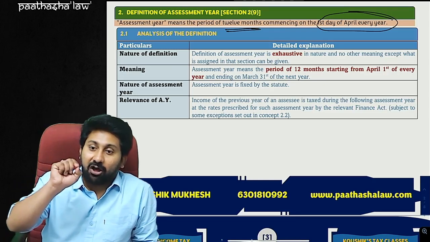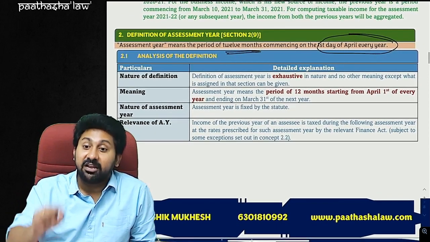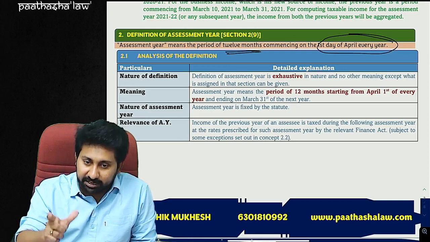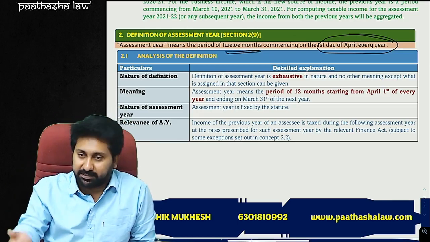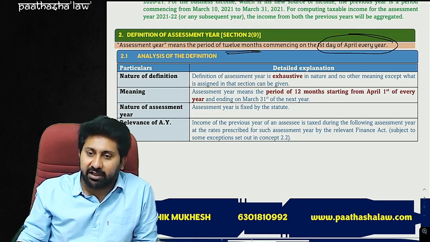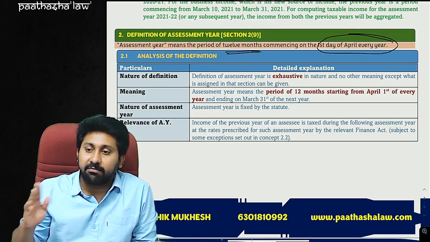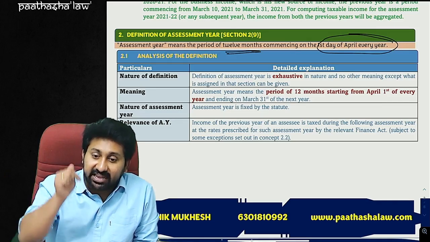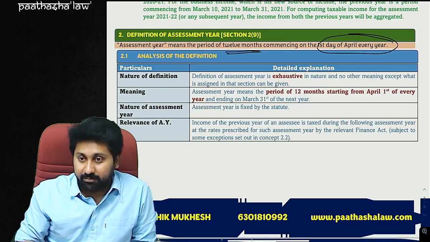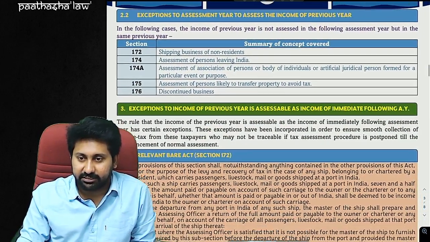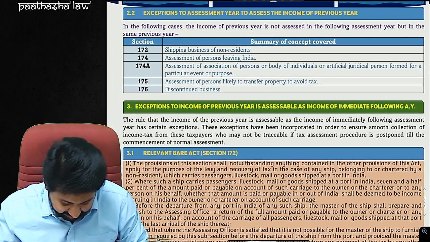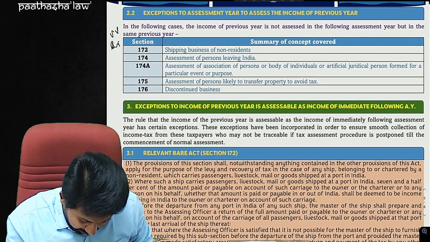Previous year also means a period of 12 months. Always the assessment year must be a 12 month period, and for that assessment year, the immediately preceding year will be taken as the previous year. The name is very clear: this is the year in which assessment of your income will be done. This is very, very important for your exam.